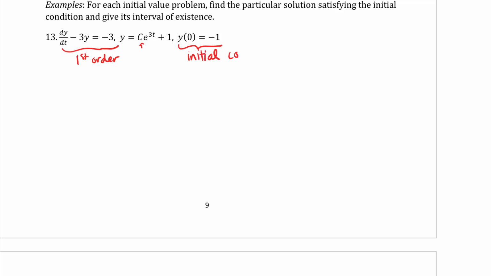They're called initial conditions often because they happen at input equals 0, but not always. And altogether, the other vocabulary word up at the top there: when you have a differential equation and an initial condition given, that's called an initial value problem. So it's just a differential equation plus initial condition.